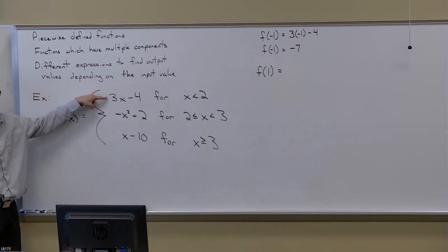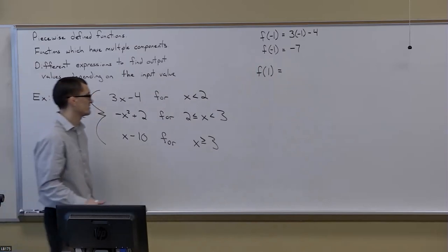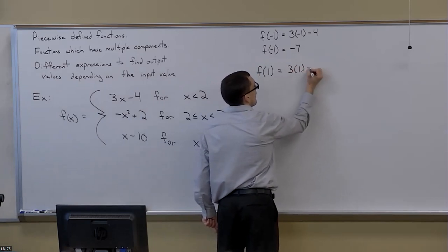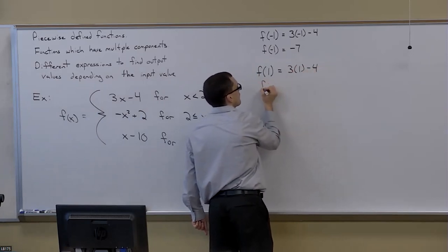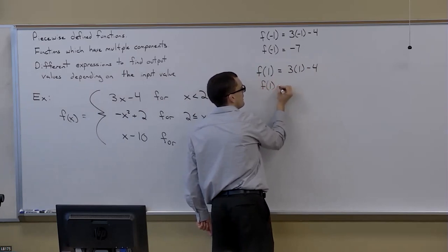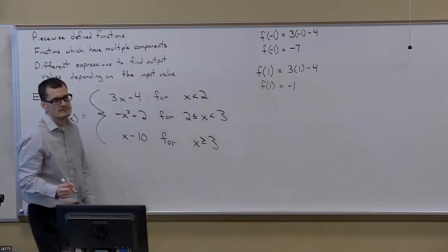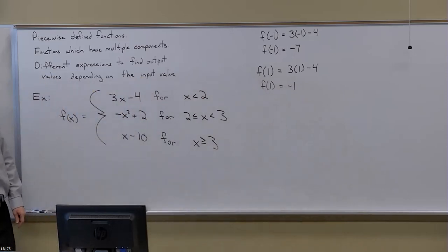So I'm still dealing with this expression, 3x minus 4. So if my input is +1, my output is -1, based on that calculation.